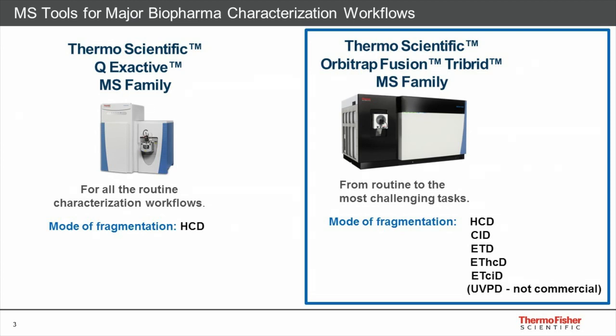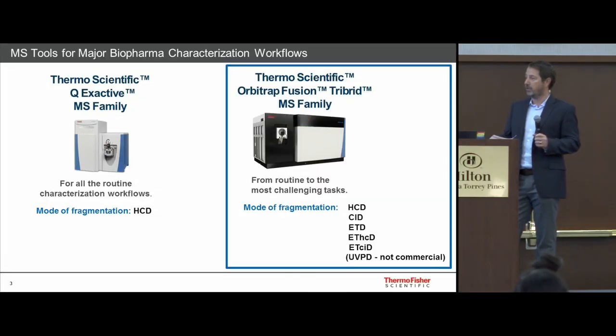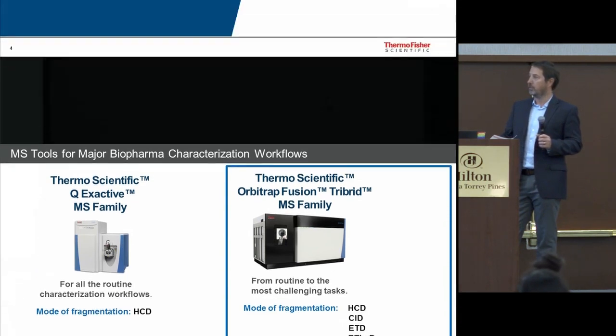One of the major differences is that on the Q-Exactive, you have HCD, which is the best all-around mode of fragmentation. On the Tribrid, you have HCD, and you also have CID, ETD, ETHCD, ETCID, and you also have UVPD on a non-commercial instrument. So all of the data I'm going to show you comes from the Orbitrap Fusion Tribrid.